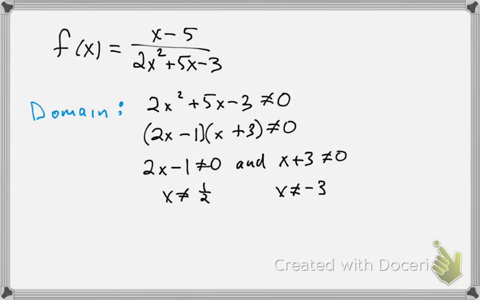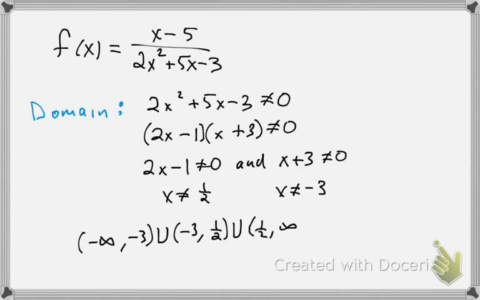So how do I list my domain? Start at -infinity. We'll go up to -3, but we have to cut that one out. Then -3 to 1/2. Cut that one out, and then 1/2 to infinity. So imagine this.